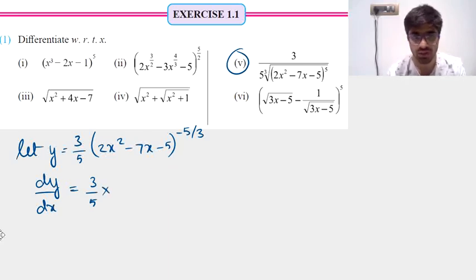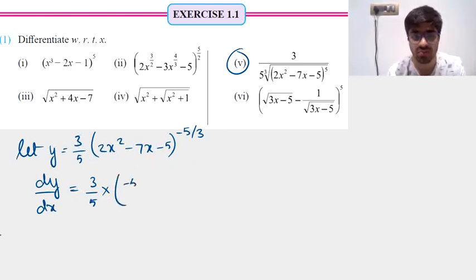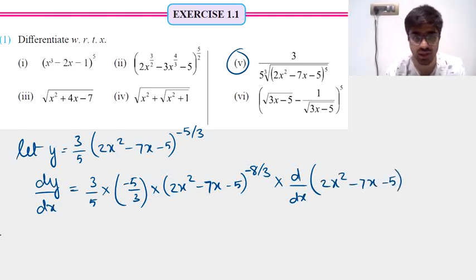So take a derivative, and the derivative will now have 3 by 5 coming out. Then the derivative of this entire term will be minus 5 by 3 into x, which was actually 2x square minus 7x minus 5. The whole power minus 5 by 3 minus 1, which is minus 8 by 3. You need to further multiply this with the derivative of whatever came in place of x, and that was 2x square minus 7x minus 5.